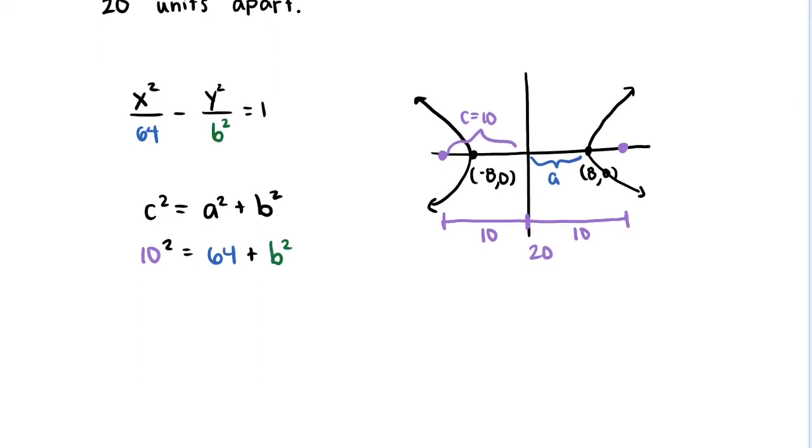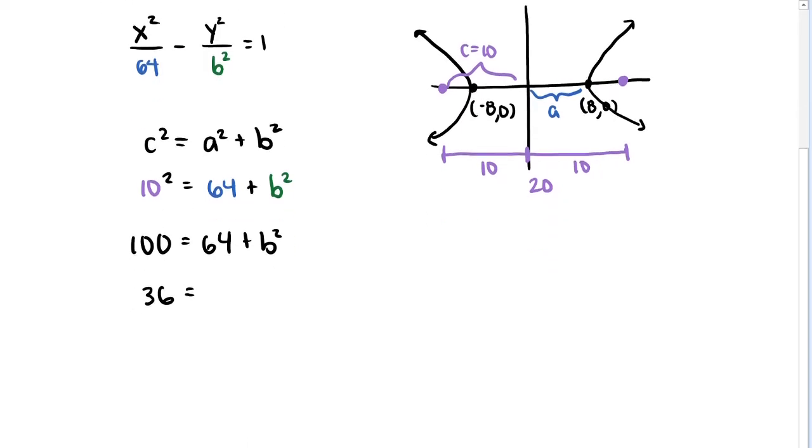And so this comes out to be 100 is equal to 64 plus b squared. And when we subtract away 64 from both sides, we get 36 is equal to b squared. And this makes b equal to plus or minus 6.